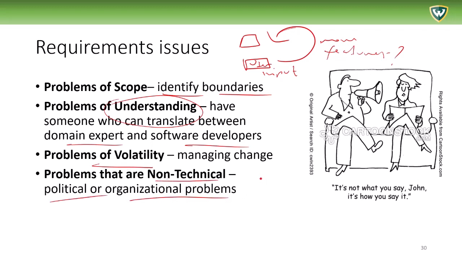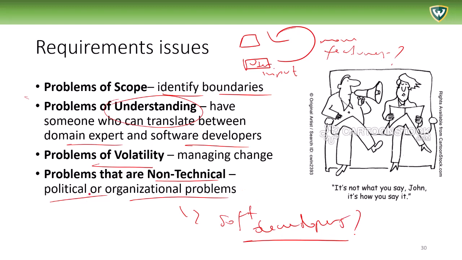Problems that are non-technical as well. So political or organizational issues that the software developers may not address and probably should not address, and maybe the product owners may have to address.